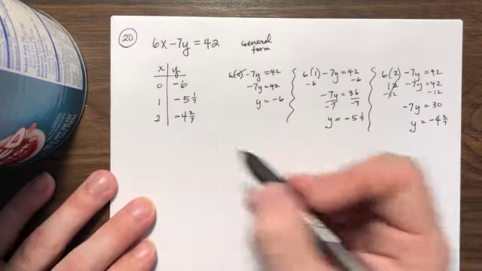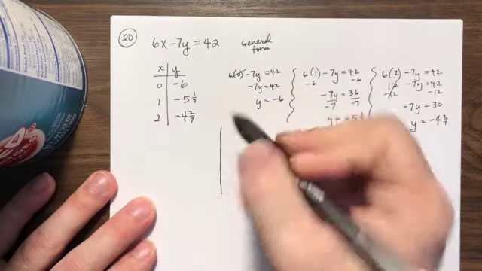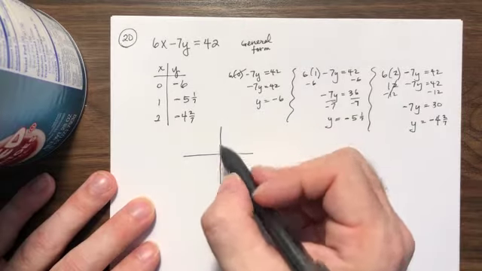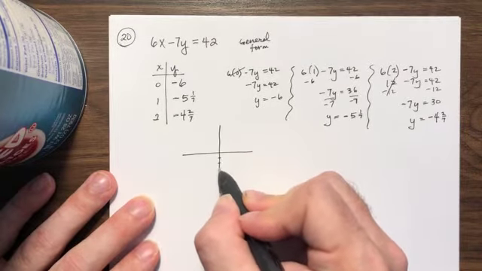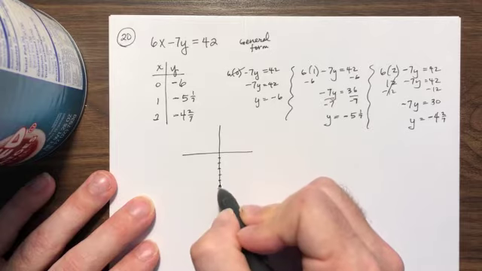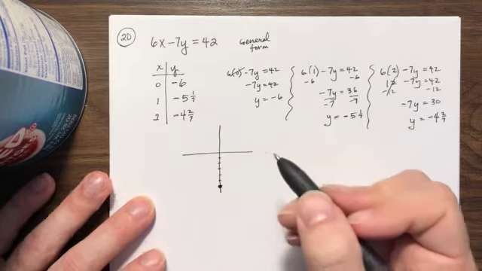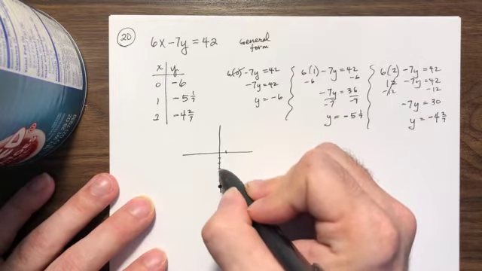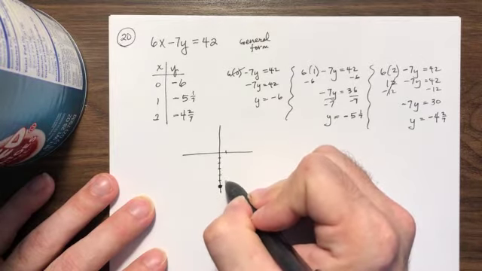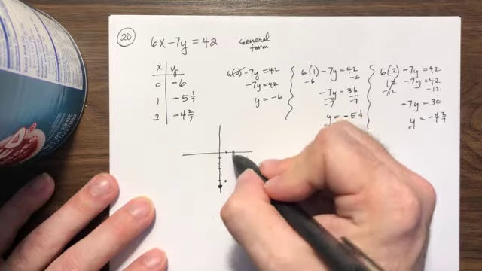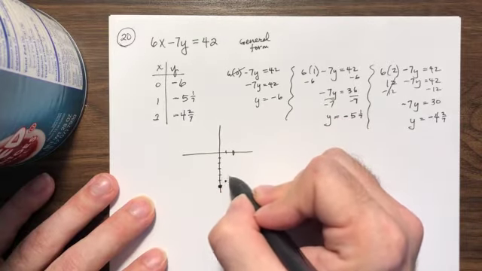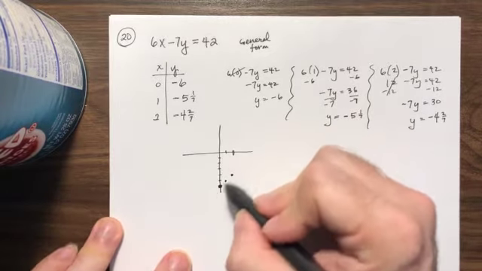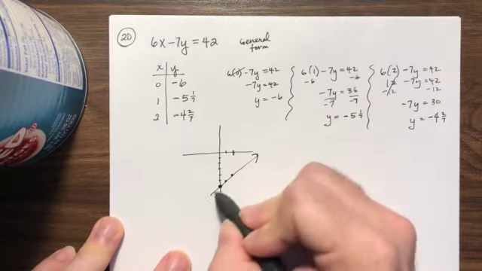So the idea here is that if I were to graph this on an XY plane, then for 0, negative 6, I would go down 1, 2, 3, 4, 5, 6, put a point. And then at 1, I would go down to about 1, 2, 3, 4, 5, and then just a little bit more. And then for 2, I would go down to 4, and then a little bit more. So just around negative 4. So the graph looks like this.